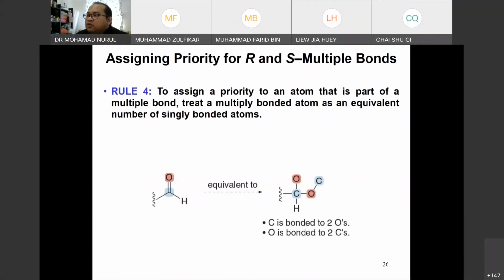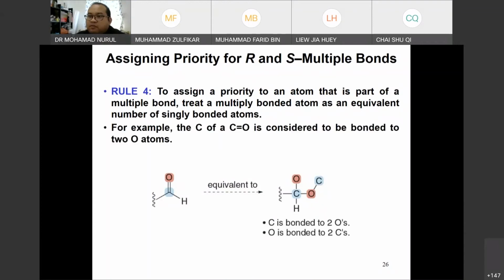So rule number 2, to assign the priority of atoms that are part of multiple bonds, for example a double bond: treat the multiple bond atom as equivalent to the same number of single bond atoms. So for example, C double bond O, which is referred to as a carbonyl functional group, is considered to be bonded to 2 oxygen atoms.